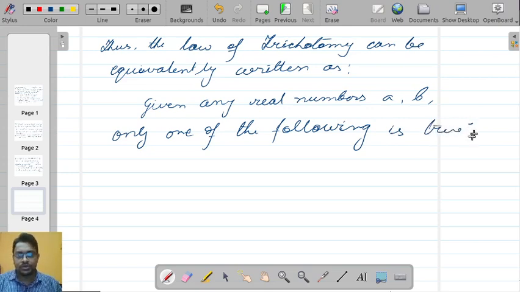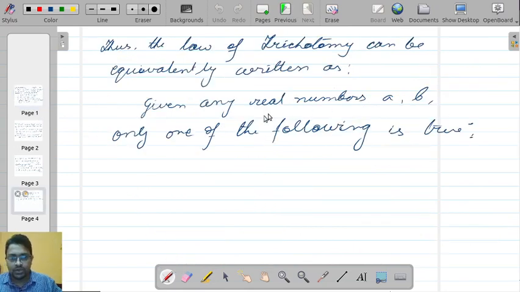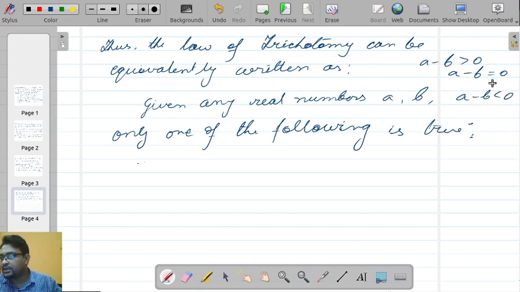We have already seen the law of trichotomy: given any A in R, exactly one of the following is true: A is 0, or A is in P, or minus A is in P. Here, instead we are given two real numbers, and exactly one of the following is true: either A minus B is greater than 0, or A minus B is equal to 0, or A minus B is less than 0. So either A is greater than B, or A is equal to B, or A is less than B.